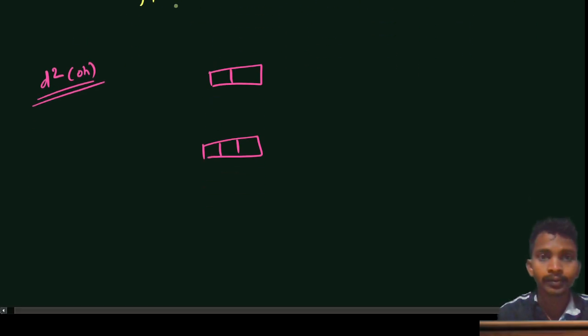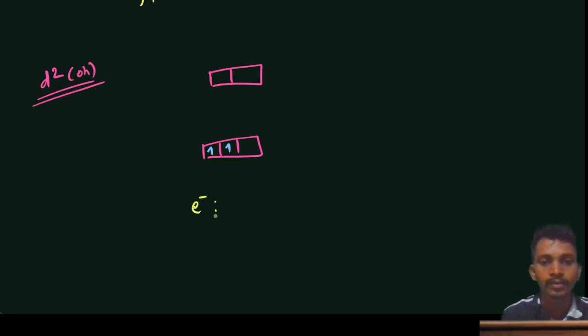Now if I fill D2 octahedrals, let's say I fill 1 and 2. Now you see how many electron transitions are possible. Two electrons are there, so 2 electron transitions are possible, because they will not change their spin; after this one transitions, this other one can also transition.